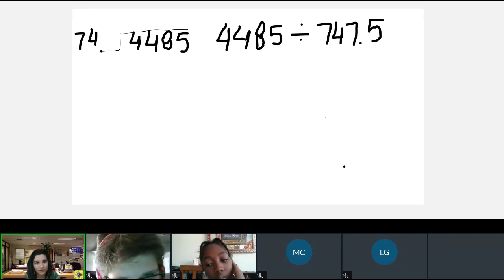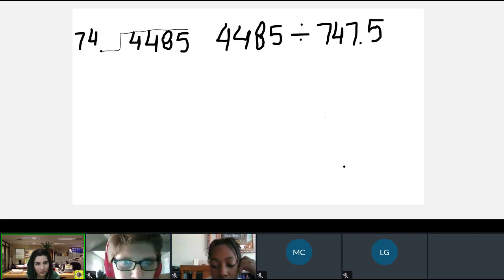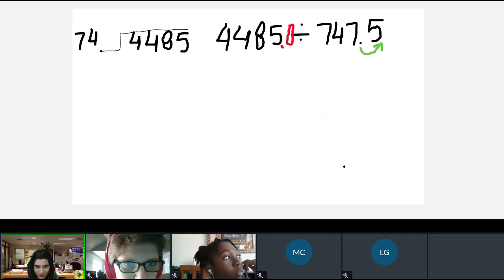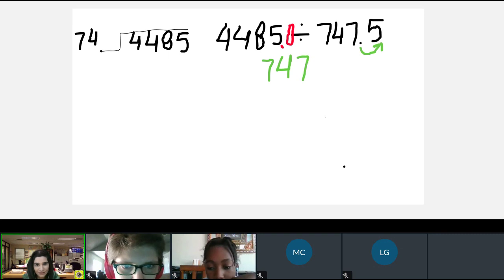Here, it is a 0.0, right? We all know it means 0.0. There's no decimal, means there's a 0.0. I will move one decimal place to the right. This number becomes 7475, right?